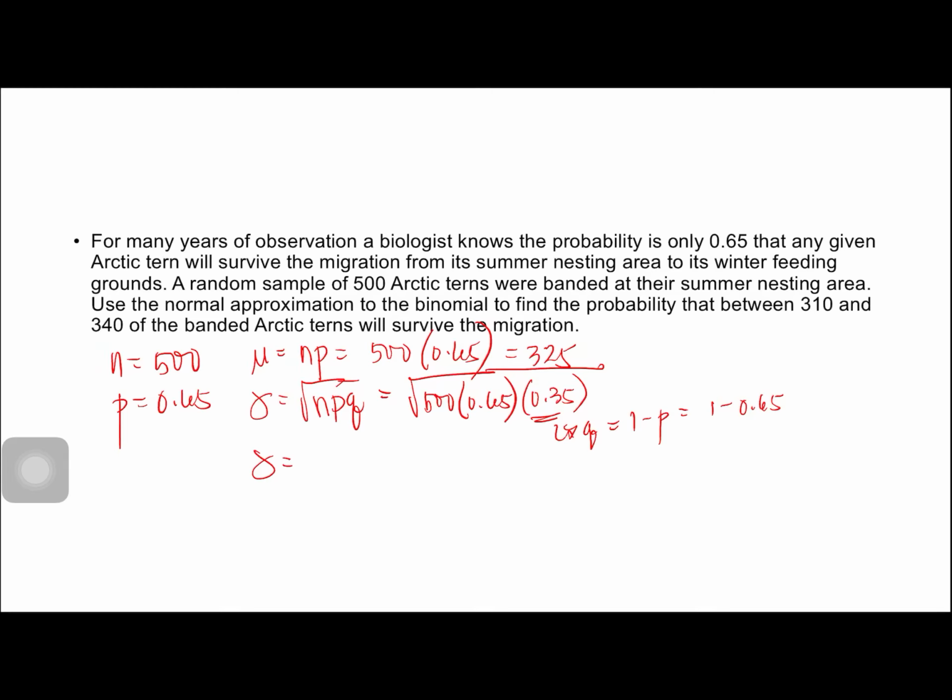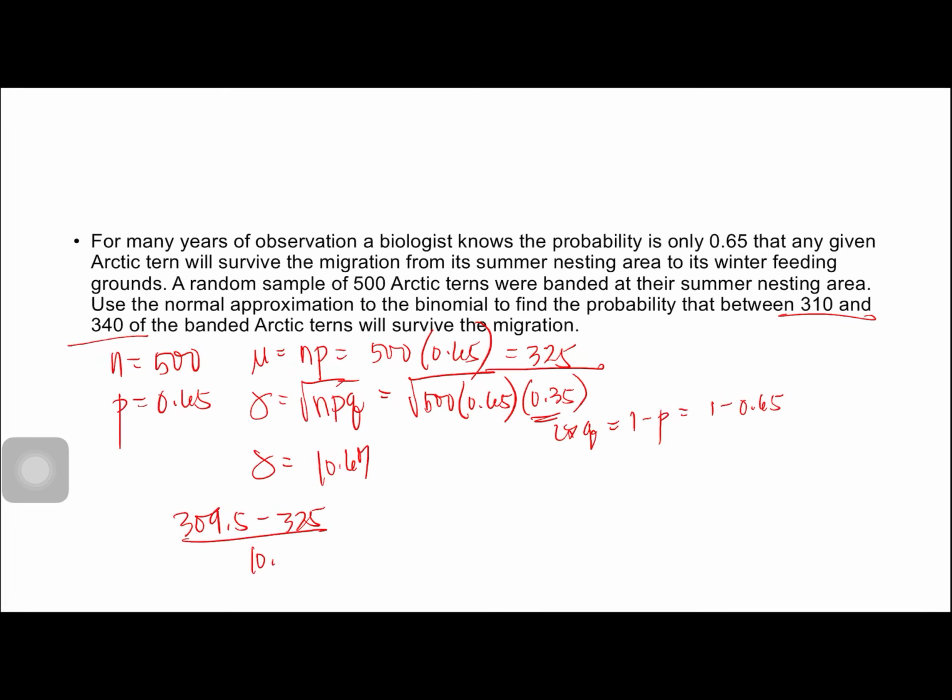So our sigma is equal to what? We have 500 times 0.65 times 0.35. Get the square root of that. That is 10.67. So, we can now get the z-scores. We have 310 to 340.